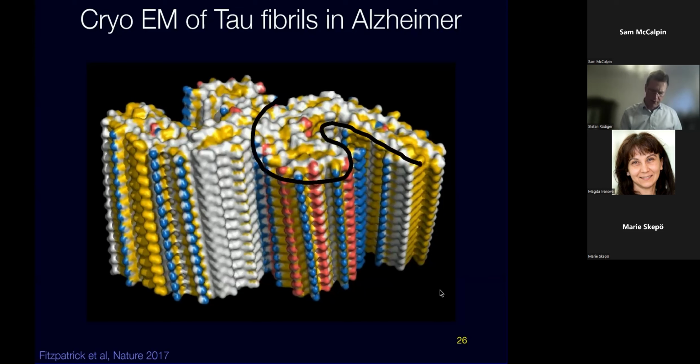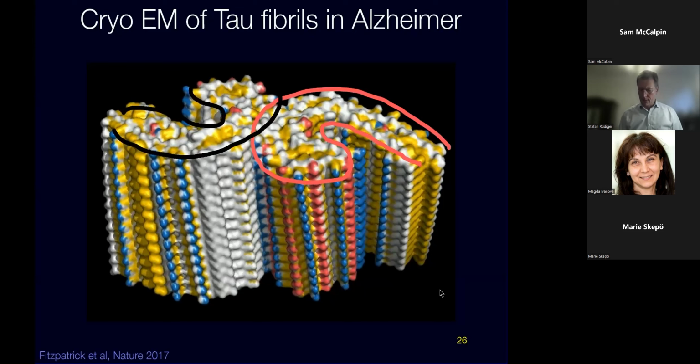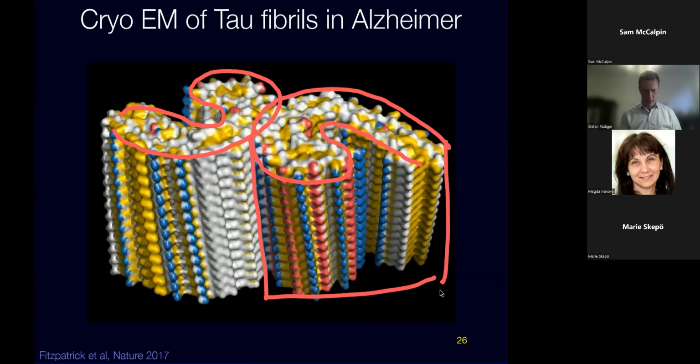So that's one half, and you see here is the other half, and it's basically a dimer of two fibril strands, right? So here you see on the right a fibril strand, and you see here one on the left. And then we have all the layers of the fibrils. Now, this is the core of the fibril.